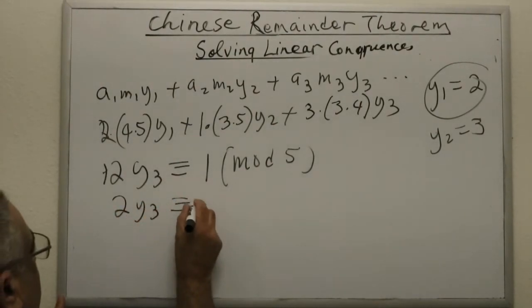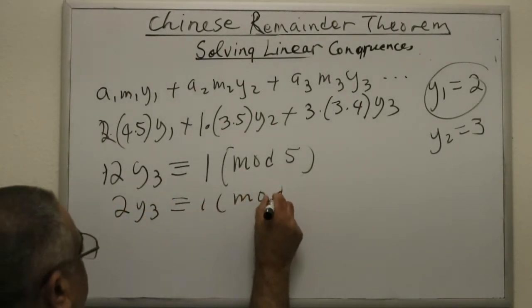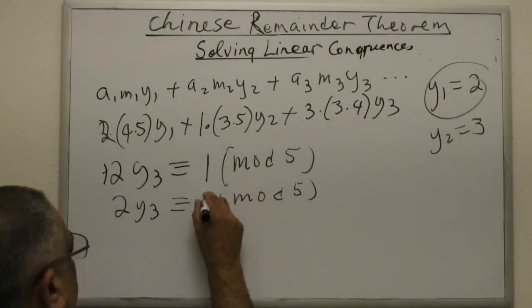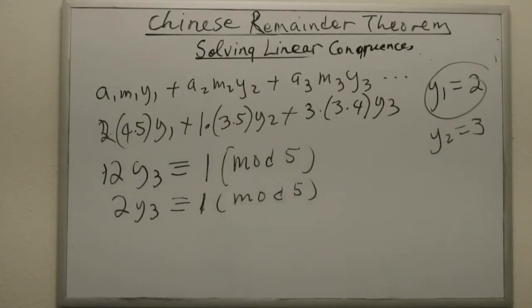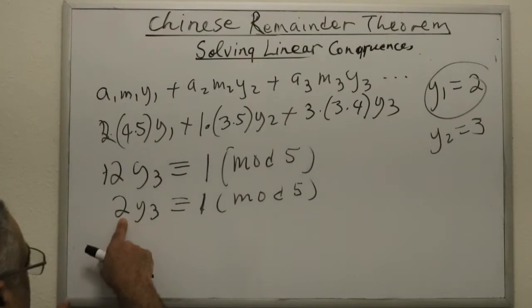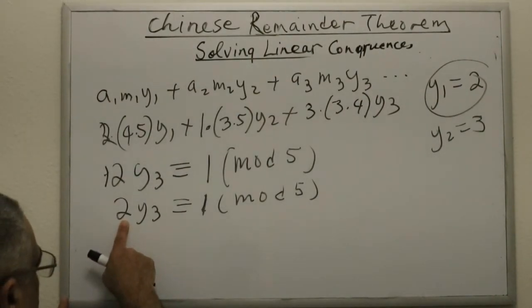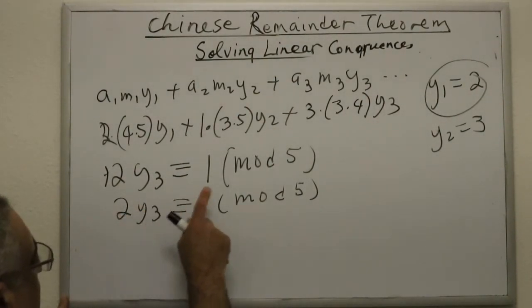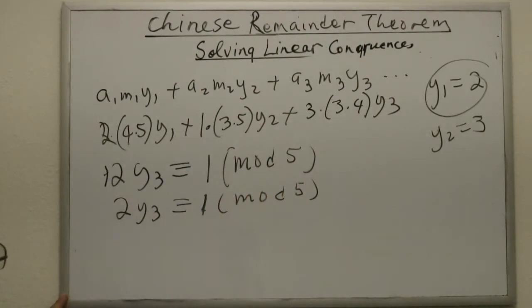So what does that mean? If I take 12 and mod it by 5, I get 10, so remainder 2. So now here, I need a factor. When I multiply it by this coefficient, 2, modded by 5, I should get a 1.